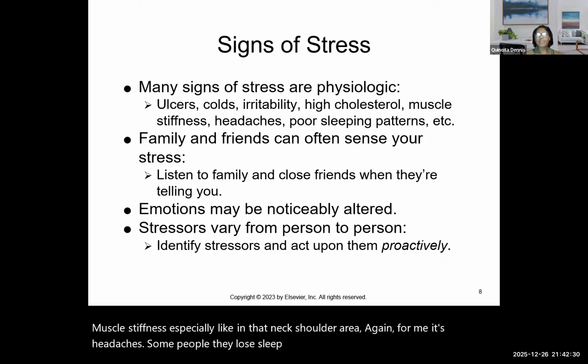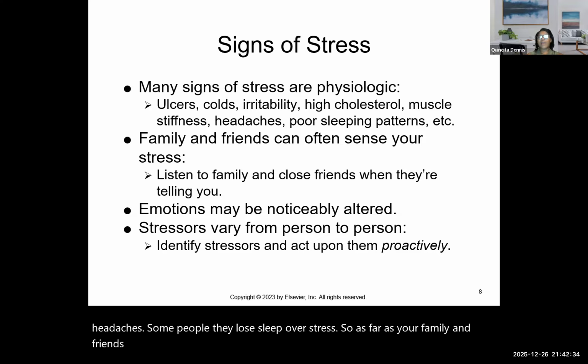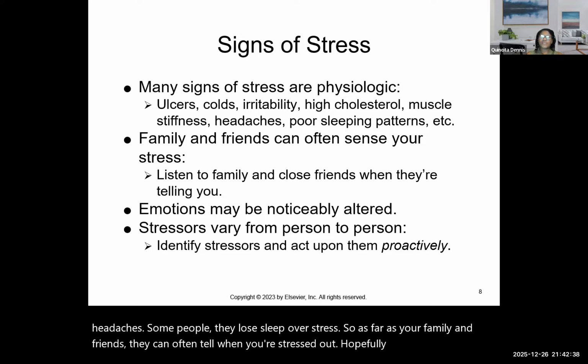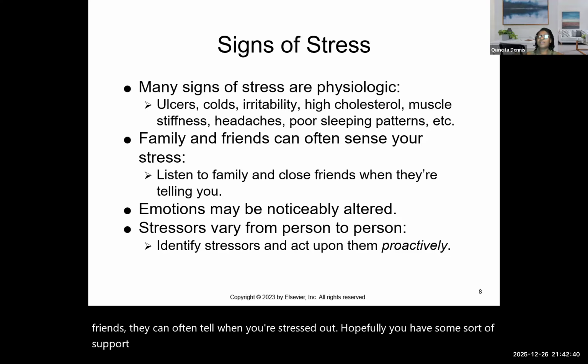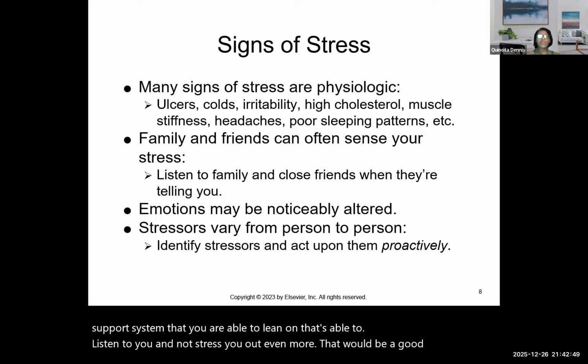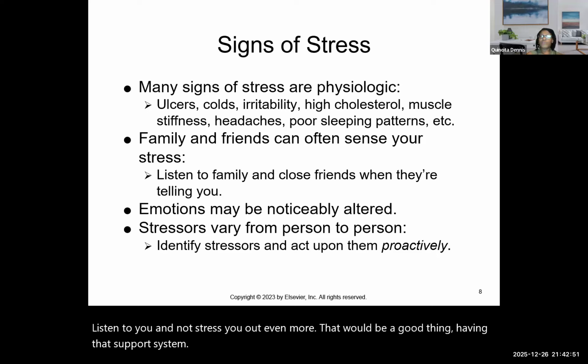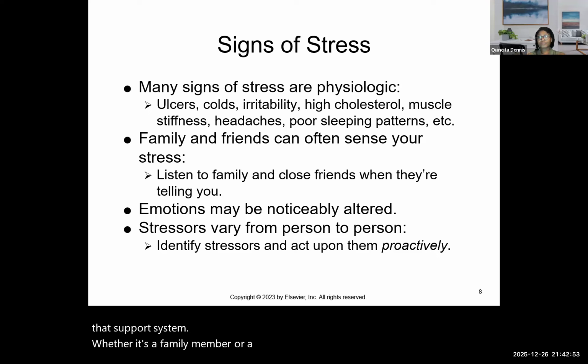So as far as your family and friends, they can often tell when you're stressed out. Hopefully, you have some sort of support system that you are able to lean on, that's able to listen to you and not stress you out even more. That would be a good thing, having that support system, whether it's a family member or a friend or even a classmate. Our emotions are noticeably altered.